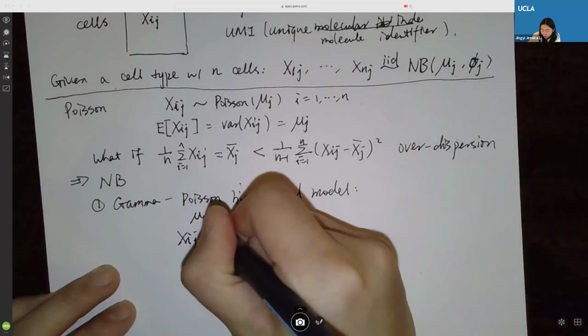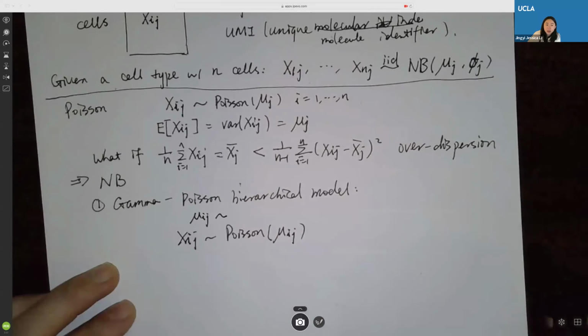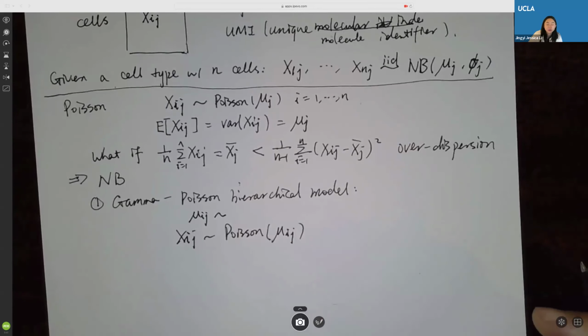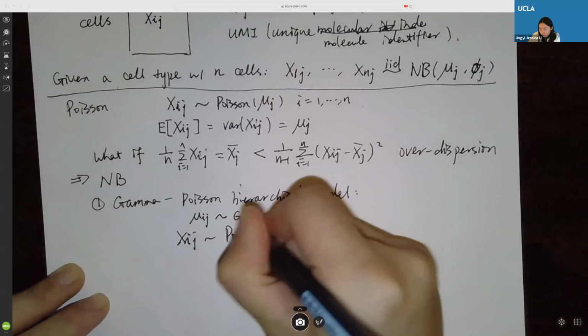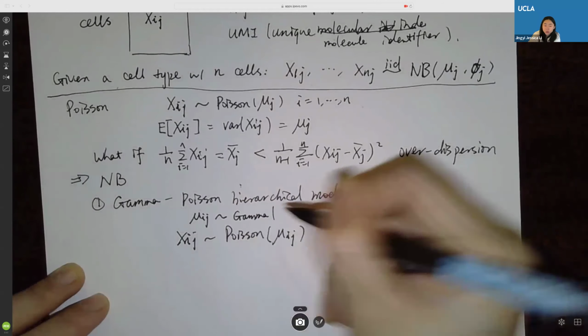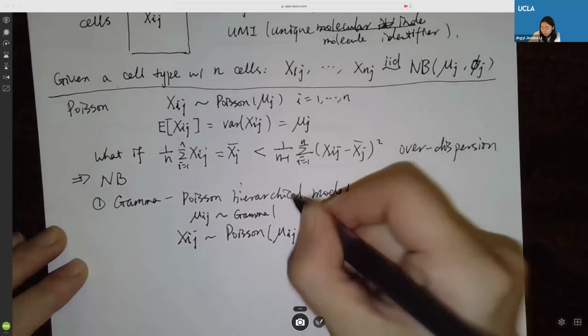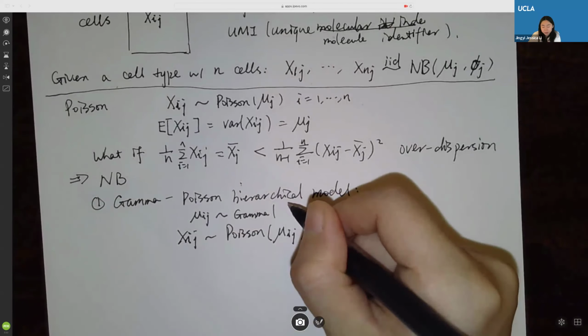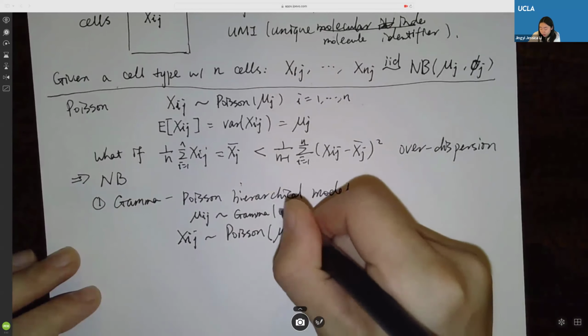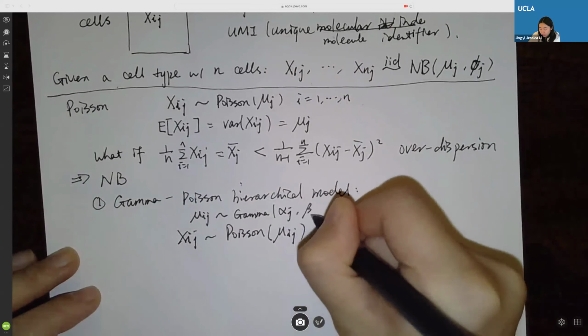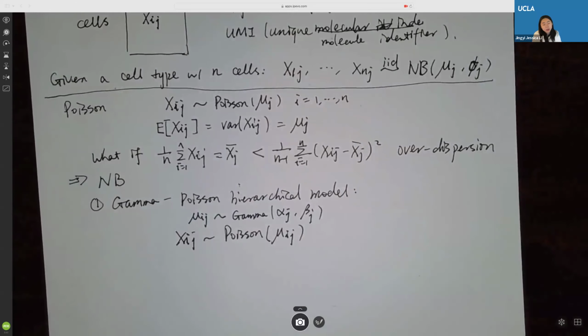So we can add one layer by saying mu ij, as positive real values, follow a gamma distribution, whose parameters are only depending on gene j, not cell i, my bad. So we can call them alpha j, beta j. The reason is that gamma is a two-parameter distribution.